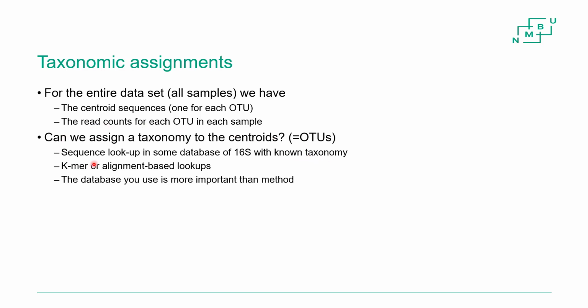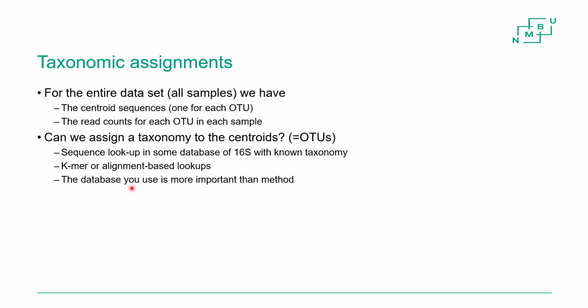And it's exactly the same thing we do here, except that now all the reads are from 16S sequences, so we don't need to compare to genome databases, we can only compare to 16S databases. That makes it a lot easier, right? You can do this by k-mer methods or alignment-based methods. You can actually use Kraken for this as well, as we did in module 9.